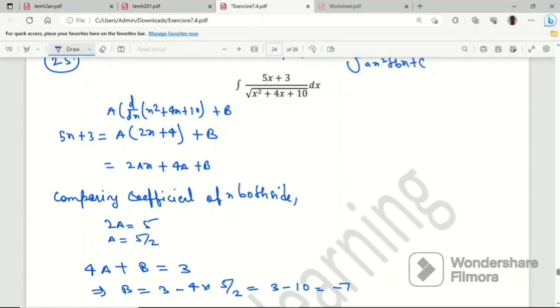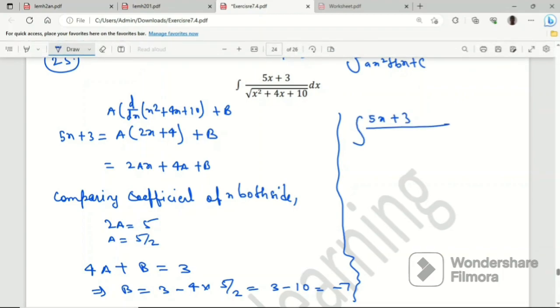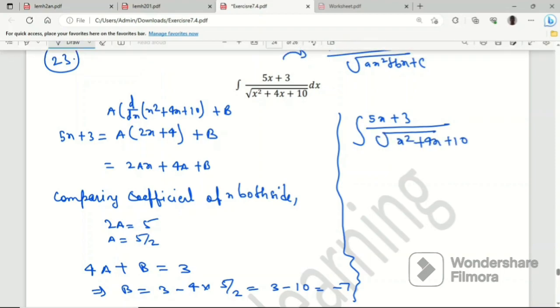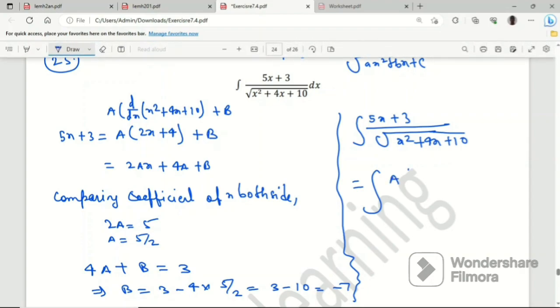So now what I can do? I can write integration of (5x plus 3) by under root (x square plus 4x plus 10) as integration of a into the differential coefficient of x square plus 4x plus 10, which is 2x plus 4. I am directly writing.